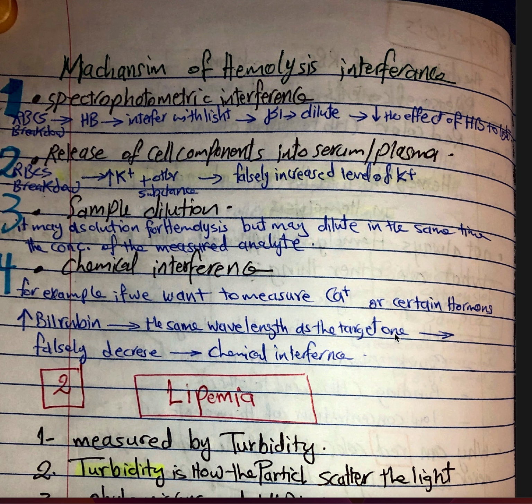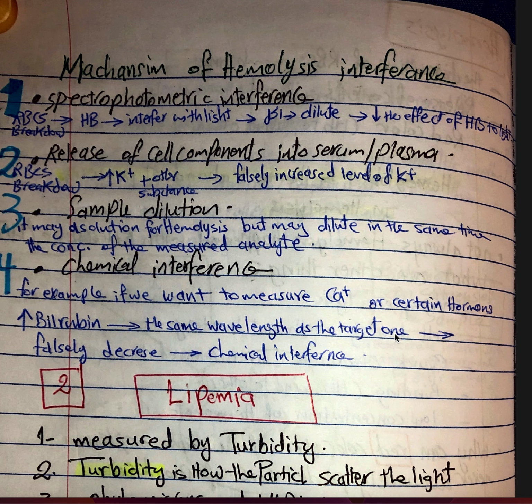What else? Release of cell components into the serum or plasma. How is it? When there is a breakdown of the RBCs, that leads to release of potassium and other substances, for example bilirubin, and that leads to falsely determined results. If I just want to measure the potassium level, and there is hemolysis, that leads to a falsely high potassium level.